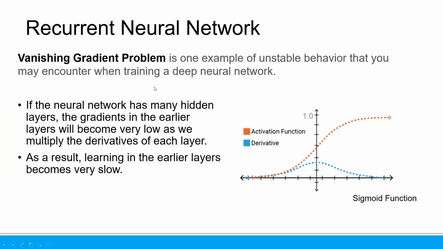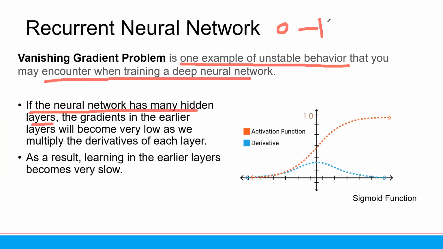Whenever we have the vanishing gradient problem, this is one example of unstable behavior that you may encounter when training a deep neural network. If the neural network has many hidden layers between the input and the output, the gradients in the early layers will become very low as we multiply the derivative of each layer.